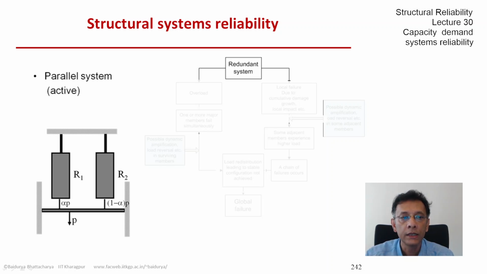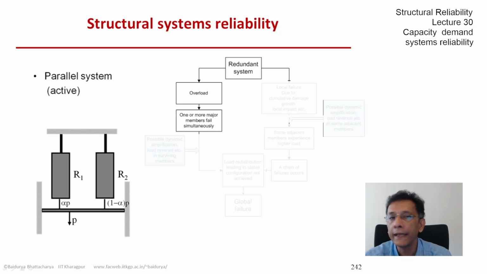We have discussed that a structure may fail under overload or under cumulative damage. So let's see what the overload would do to the failure of a redundant structural system. If there is suddenly a huge, massive load on part of a structure, then one or more major members or subsystems can fail almost simultaneously, without any chance of warning or redistribution.